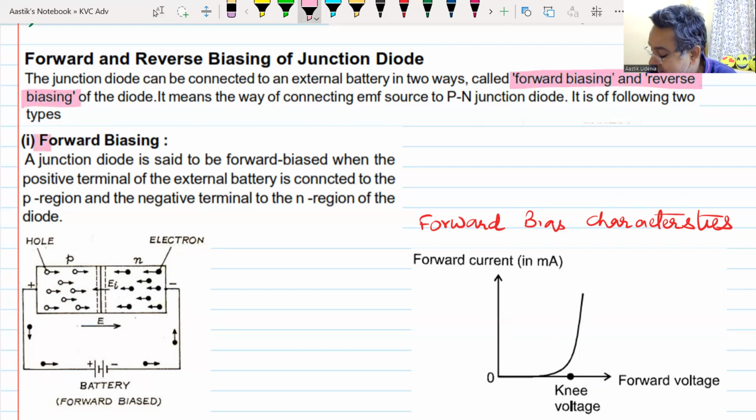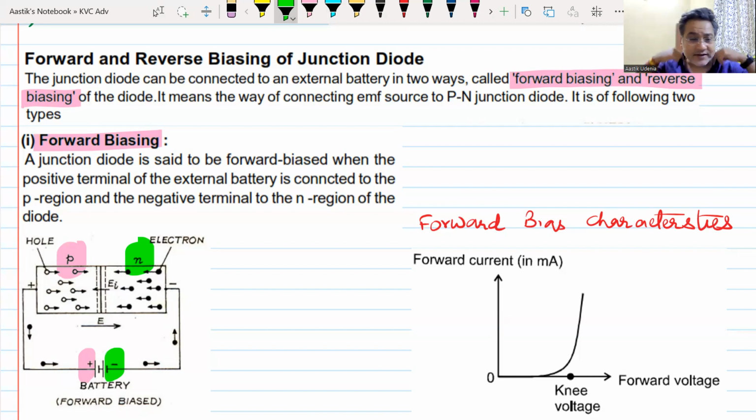What is forward biasing? If you connect the P type to the positive terminal and the N type to the negative terminal, this type of biasing is known as forward biasing.